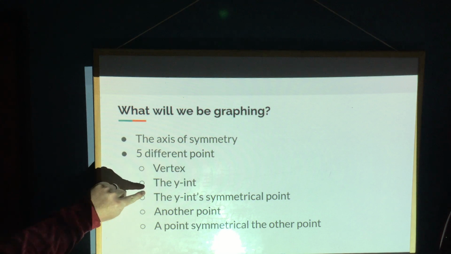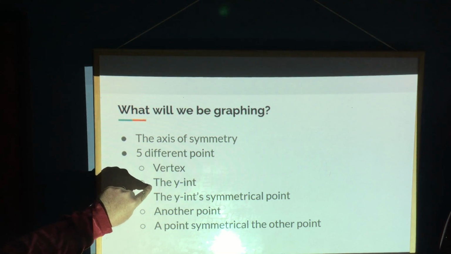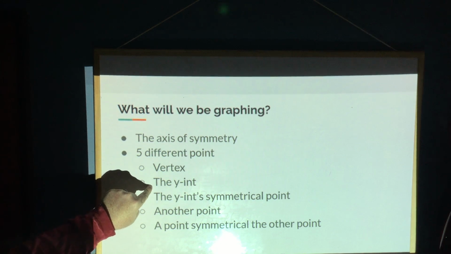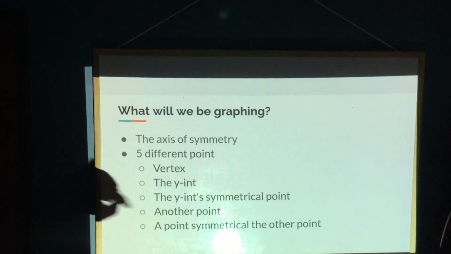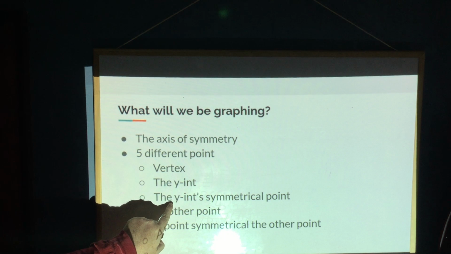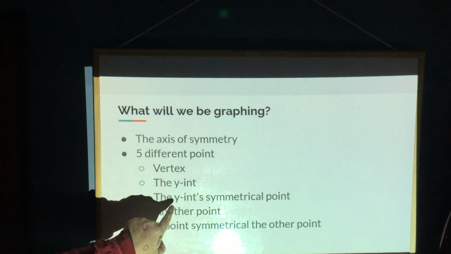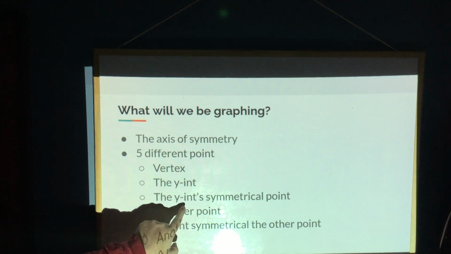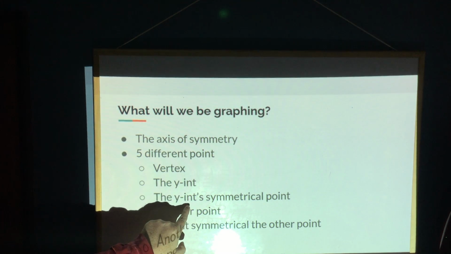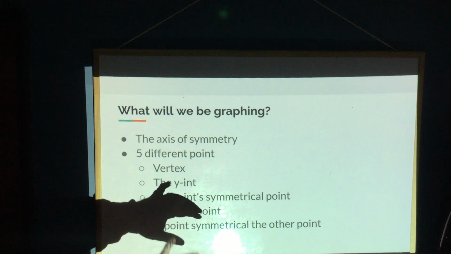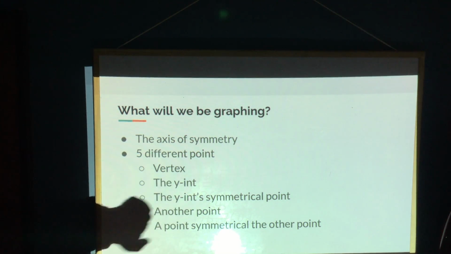Today, we're going to learn how to find the y-intercept. Easiest thing ever, I promise. And then we're going to have to learn how to find a point symmetrical to the y-intercept. Okay, this might sound complicated, but if you can count, then you can do this. Hopefully you guys are in Excel math, hopefully we know how to count. So this should be pretty easy.